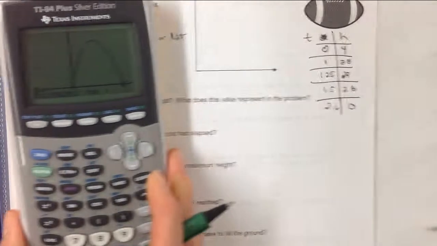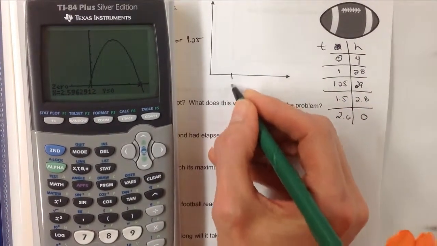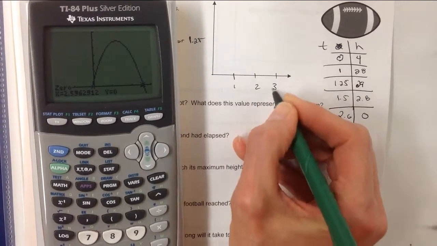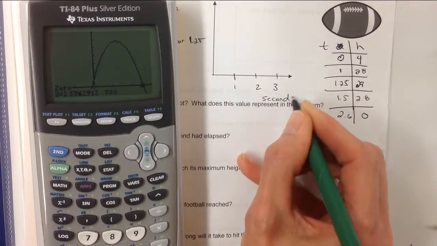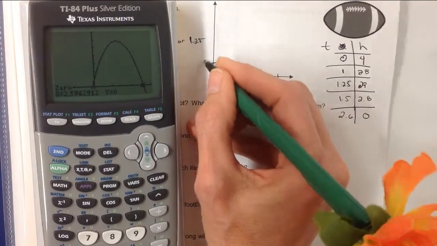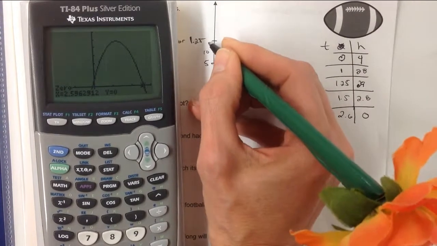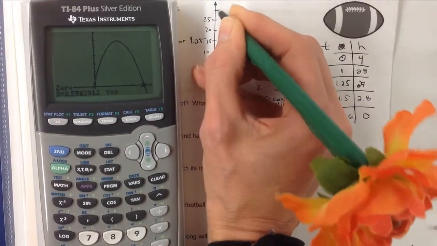Then you can plot your points. We've got to get out to like 3 seconds: 1, 2, 3 seconds. And a maximum height of 29, so maybe we'll go up by 5s: 15, 20, 25, 30.